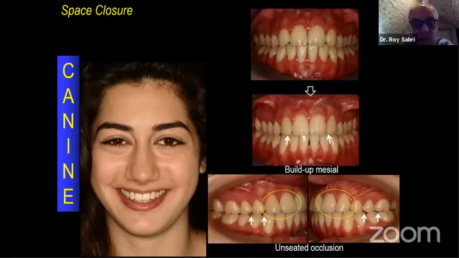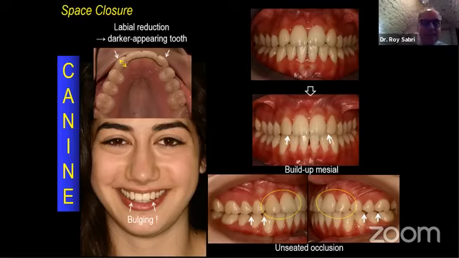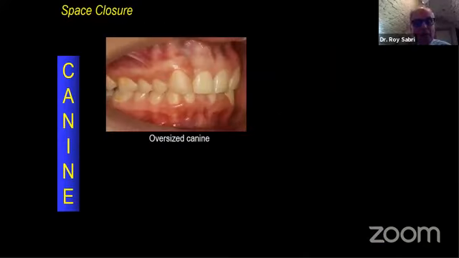Another disadvantage is, when you look at her smile, you see that the canines, which are laterals now, are a little bit prominent. They're bulging a little bit. And if you reduce them labially too much, you can darken the tooth. So I'm going to talk about the ideal canine.